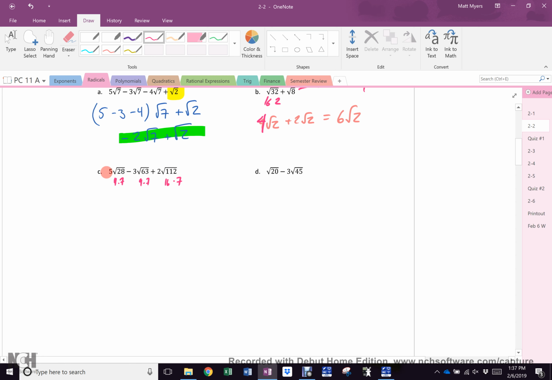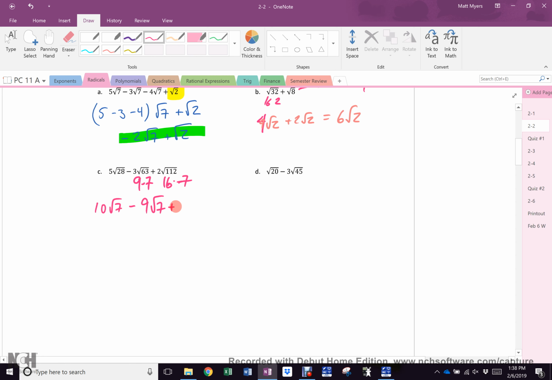What's already out here? So what's left? 10 root 7. What's coming out here? 9 times 7. What's already out there? So what's the answer going to be? Negative 9 root 7.